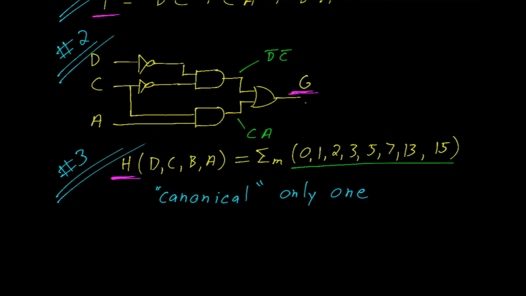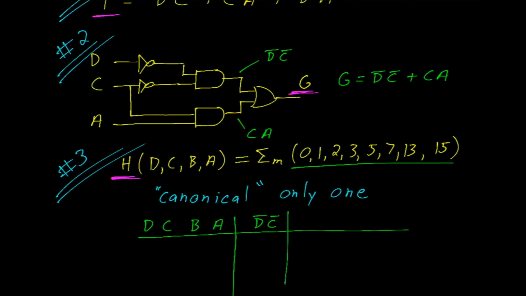If you put those two together on the output, G is equal to D0 C0, or CA. Building that truth table, we would have D, C, B, and A as inputs, D0 C0 as an intermediate wire, CA as an intermediate wire, and finally, output G.